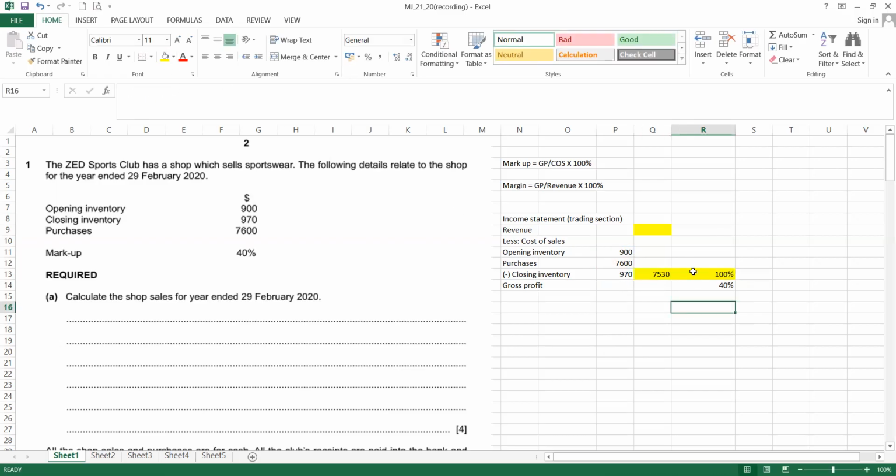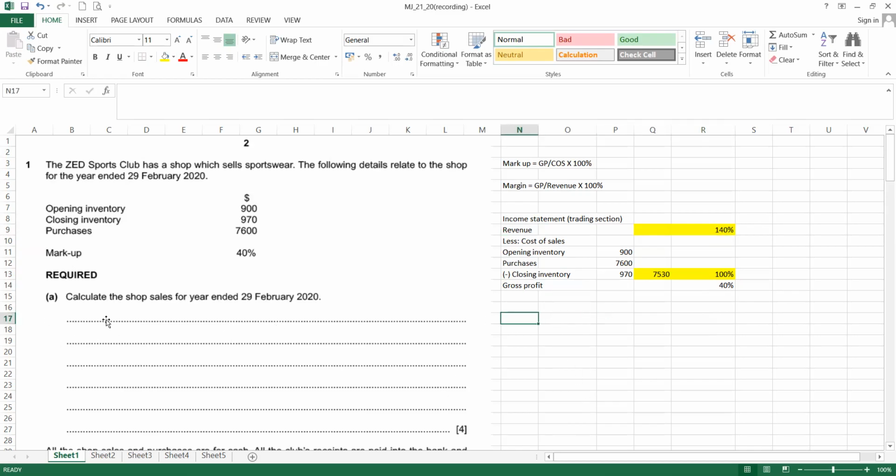Using this pair, we can find the amount, because gross profit is revenue minus cost of sales. So here is 100%, here is 40%. In order to get 40%, you must put here 140%. So with these two pieces of information, you can find your shop sales.